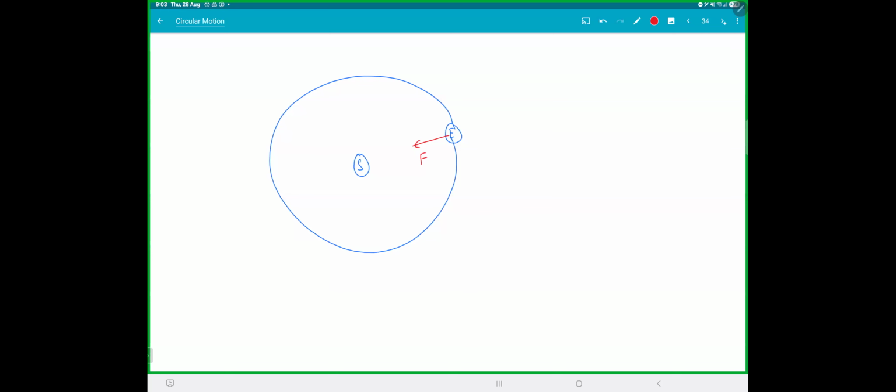Who is balancing it? Centrifugal acceleration. How can an acceleration balance force? Centrifugal force is a fictitious force. You studied that in school, right? It doesn't exist. So who is balancing it? Centripetal force. What is centripetal force?